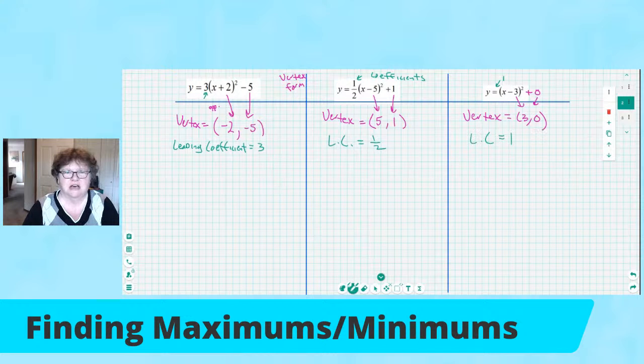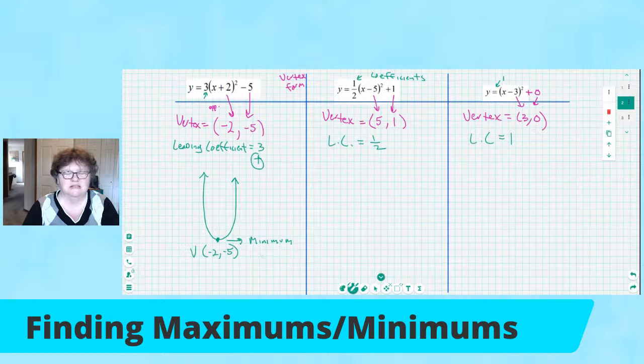So in this case, I have a positive leading coefficient, which means without even getting technical and graphing it, I know it opens up because it's a smile, which means my vertex is down here at -2, -5. Okay, and because it's opening up, this vertex is the lowest point, and so this point would be a minimum.